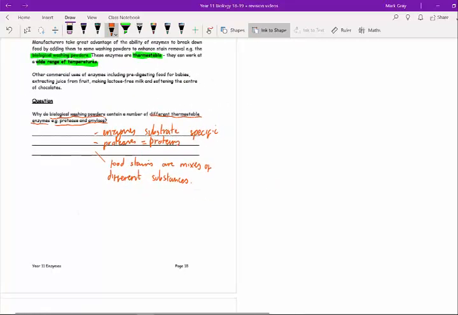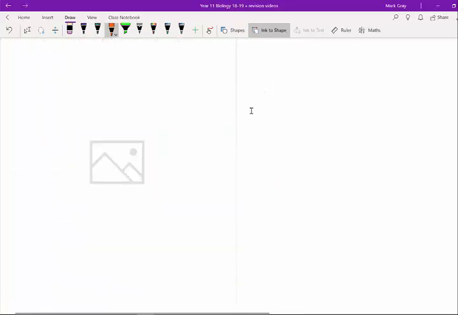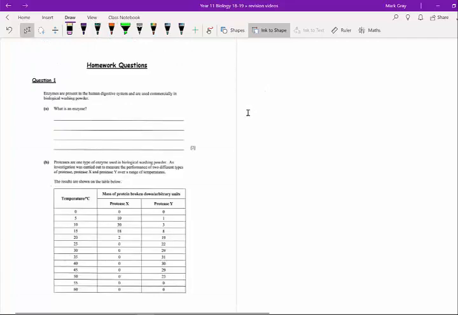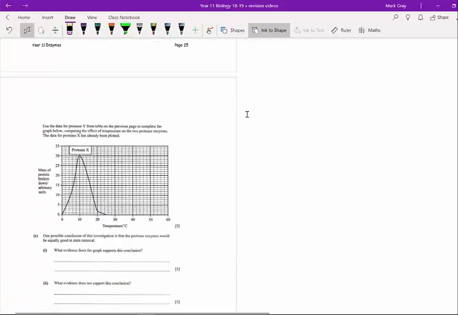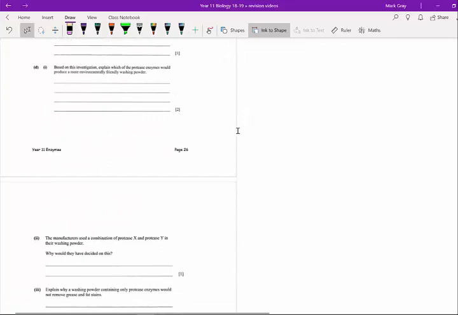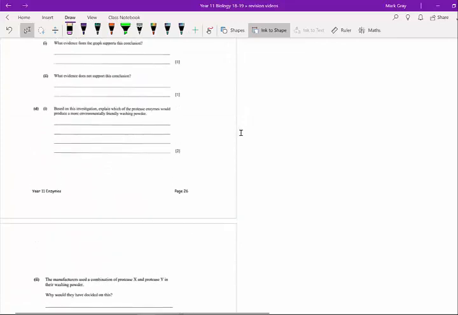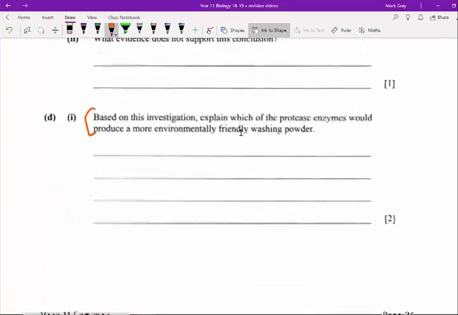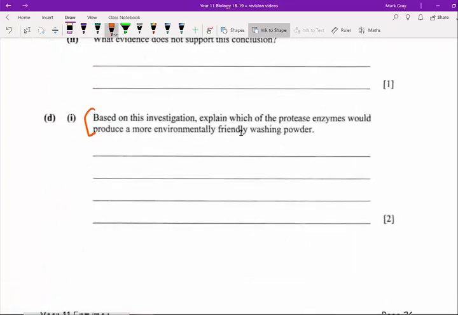Now, final bit, just before we do that, is this cheeky wee question at the back. This is all about environmentally friendly washing powder. If we're looking for an environmentally friendly washing powder, it would have an optimum temperature which was quite low.